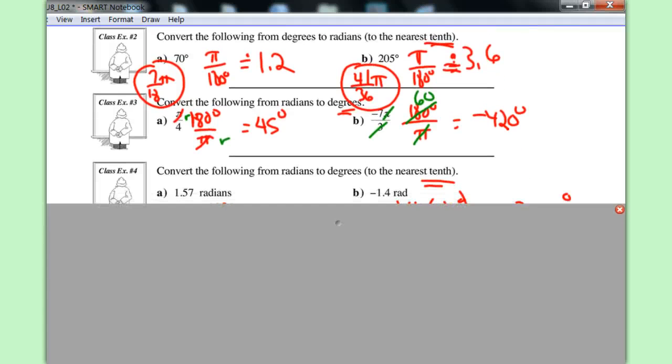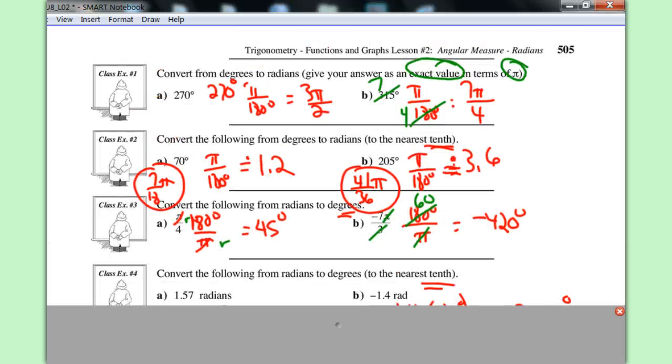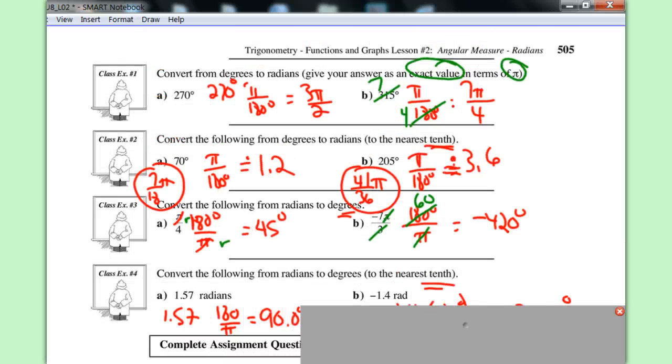Sometimes radians don't come with pi in them, right? Sometimes they actually just are whole numbers, and sometimes they're decimals. So these radians are exact, but they're exact decimals. So how do you convert 1.57 radians into an angle in degrees to the nearest tenth?